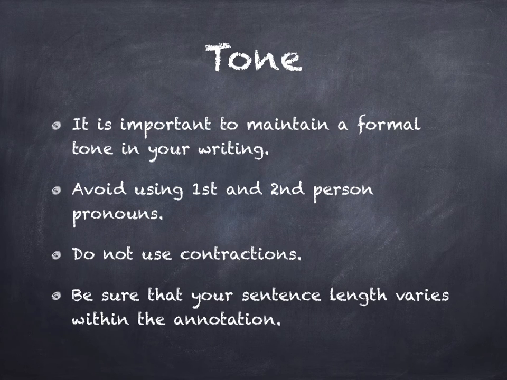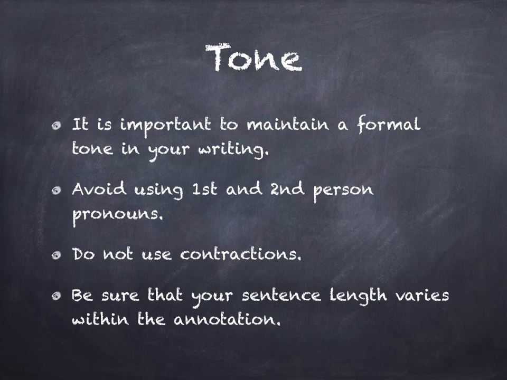When writing your annotated bibliography, you need to keep a very formal writing tone. You want to avoid first and second person pronouns. That means no I, you, etc. Avoid contractions. Instead of using isn't, spell it out and say is not.